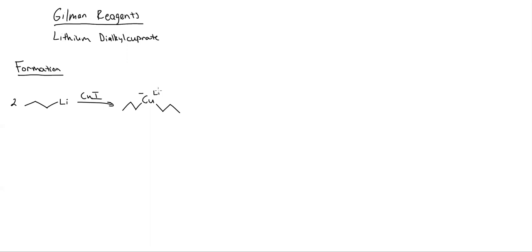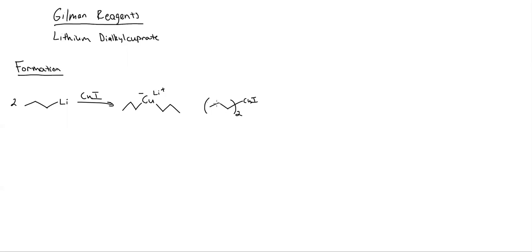So the lithium is there to counterbalance that charge with a positive, okay? So this is a lithium dialkyl, because I have two alkyl groups, cuprate. Cuprate means copper, all right? So lithium dialkyl cuprate. So that is what I'm making, but the way that it's typically written is like this. So what's in parentheses? It just means that whatever's in parentheses, there's two of those.